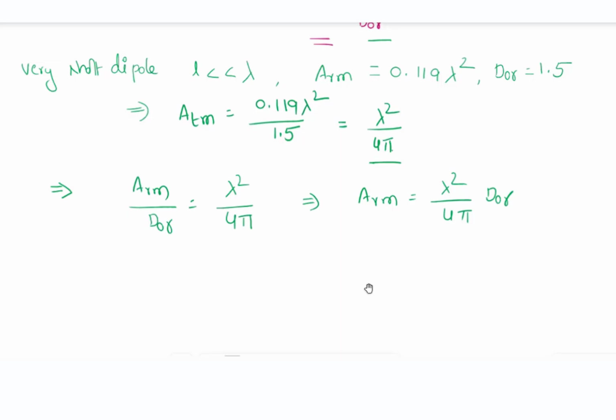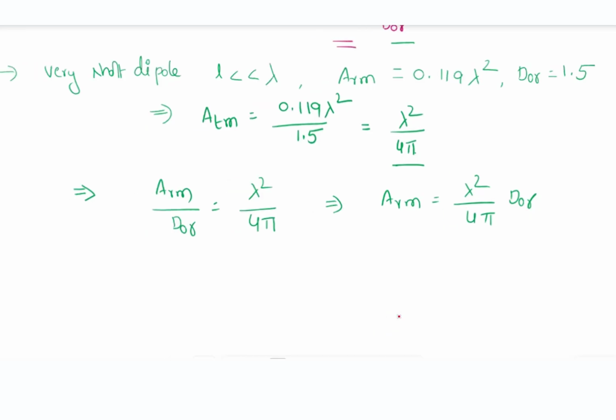So for our analysis, this is the relation between the maximum effective aperture of the receiving antenna and the directivity of the receiving antenna. Use this expression in general. So in general, we can write AEM, the maximum effective aperture, as AEM is equal to lambda square by 4 pi into D naught.